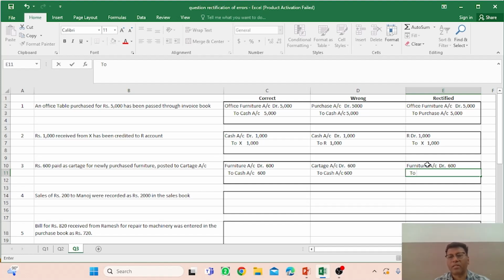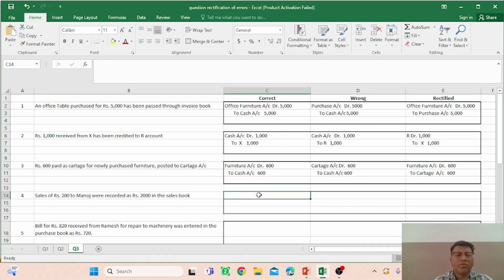Because already it was debit, and now to cancel this particular expense in the form of cartage, you have to make this account credit by rupees 600, to cartage account rupees 600.